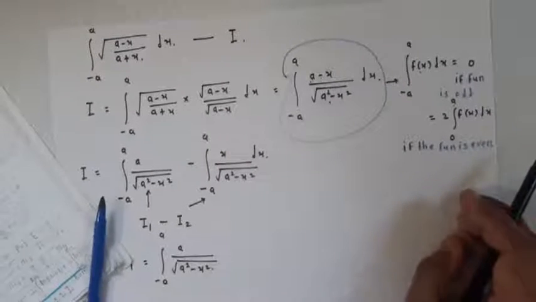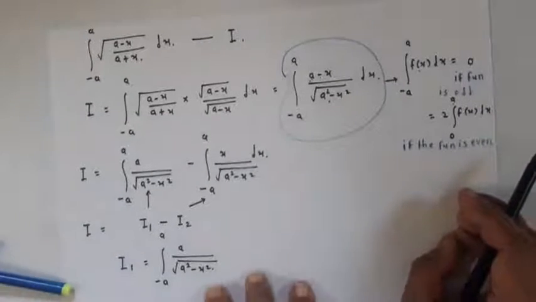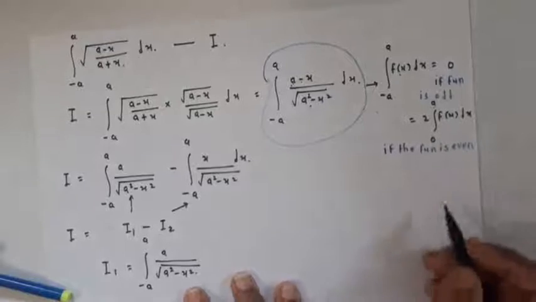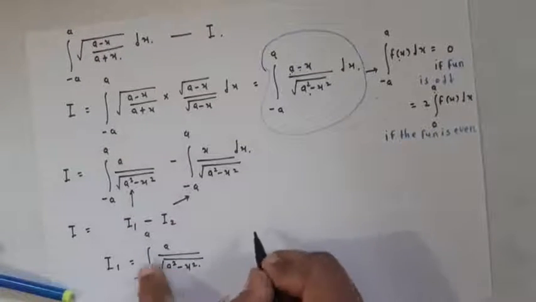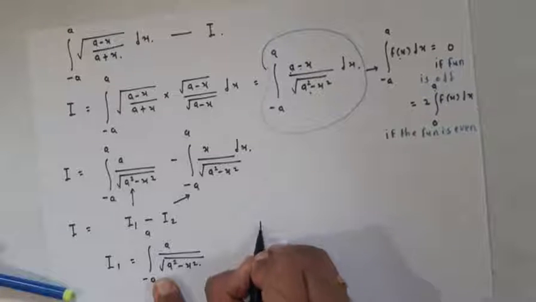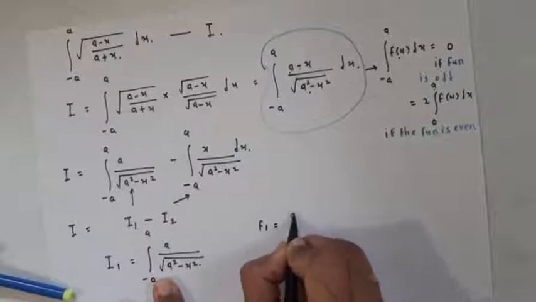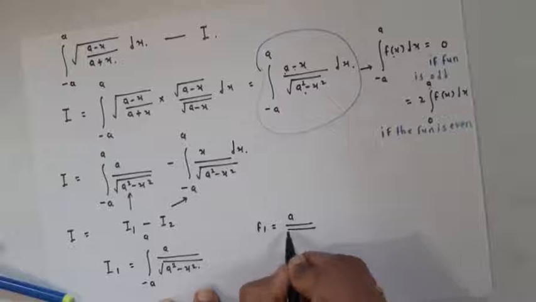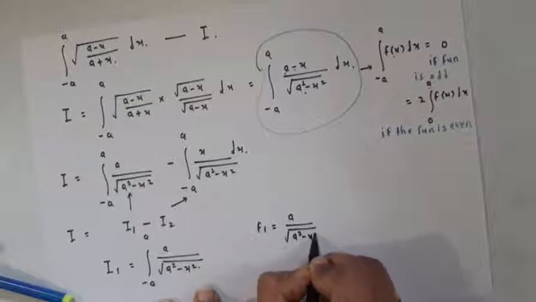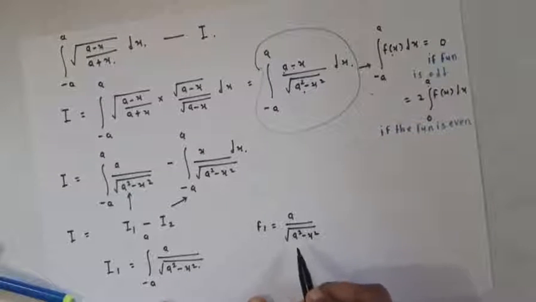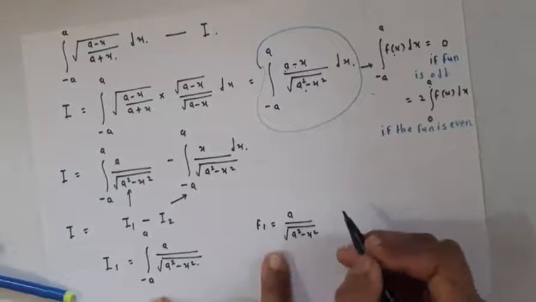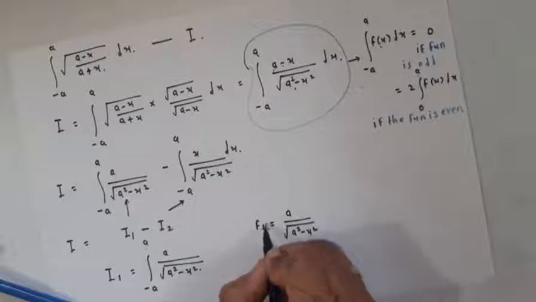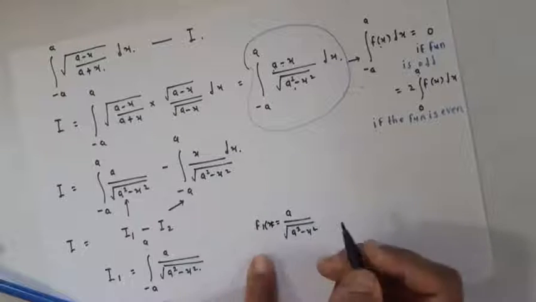But students, by using this property, suppose here for the I1 integral the function f1 equals a upon square root of a square minus x square. Let us check whether the function is even or odd. This is f1 of x.